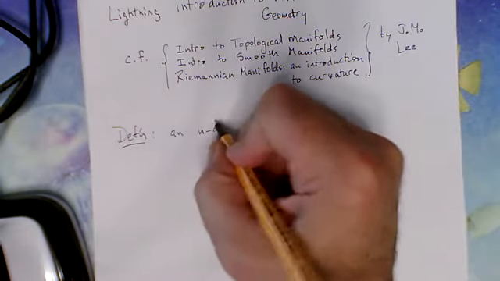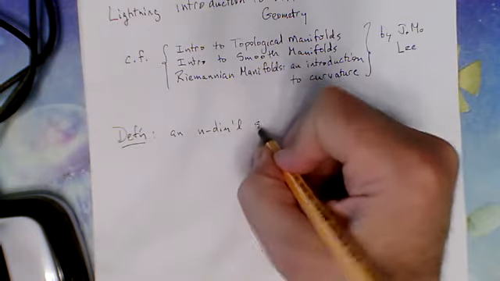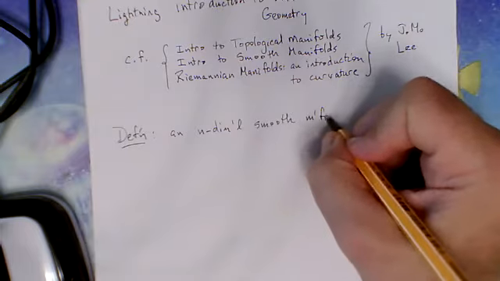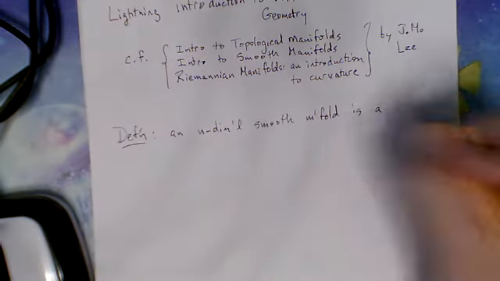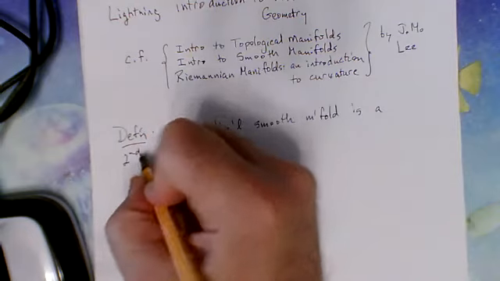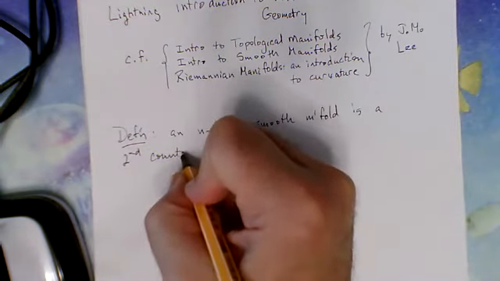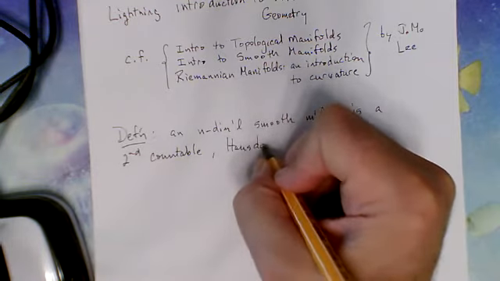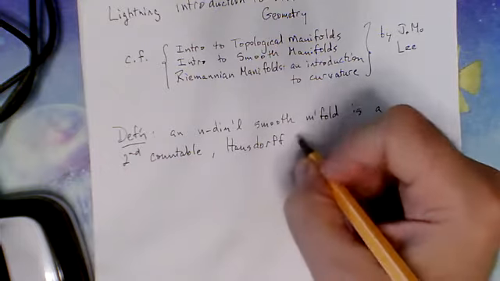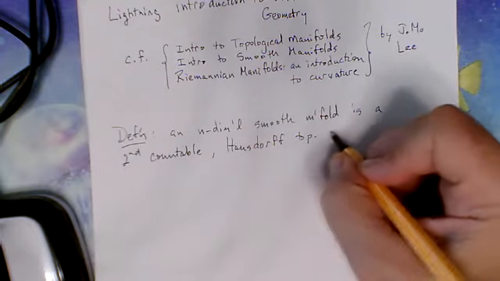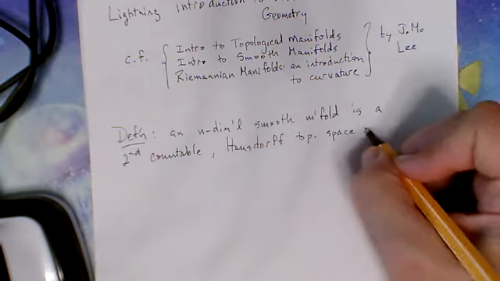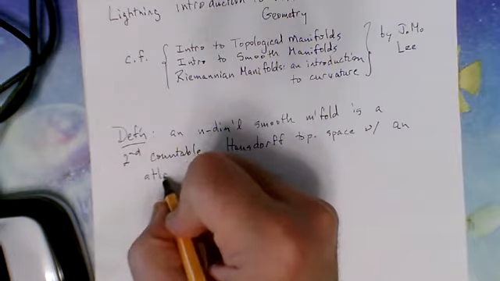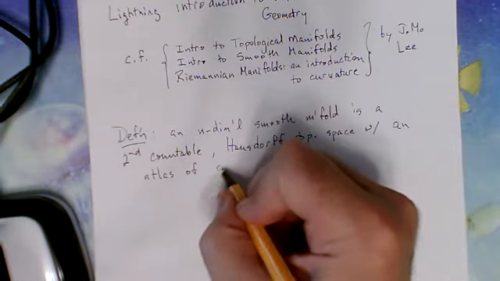An n-dimensional smooth manifold is a second countable Hausdorff topological space with an atlas of coordinate charts.